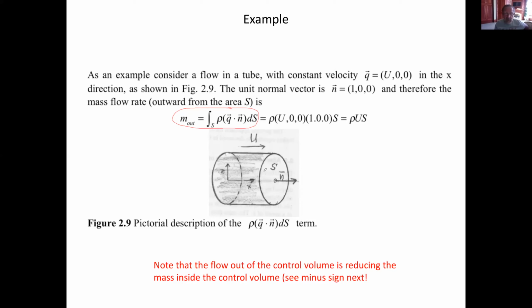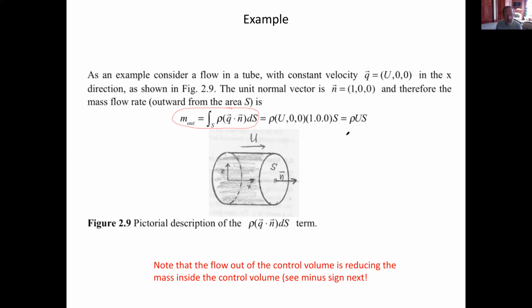This would be the area, S. And then the velocity vector q is going to be u, because it's just one direction, no y and no z. The normal vector points to 1, and therefore the flux is going to be u S. That's the volume flow rate per unit time, and if I multiply it by rho, that's the mass flow rate.